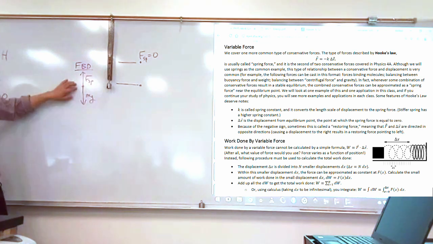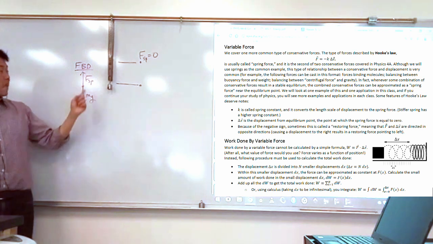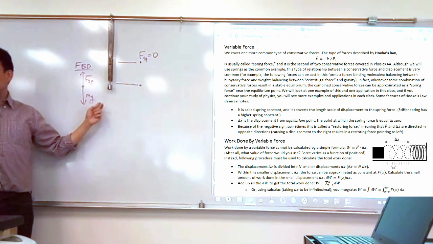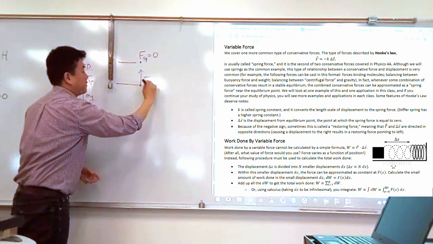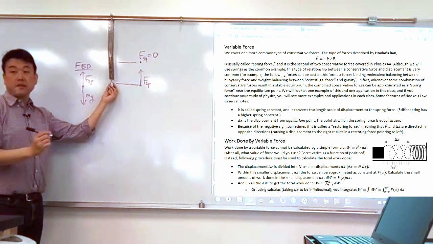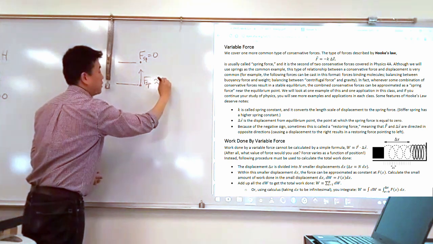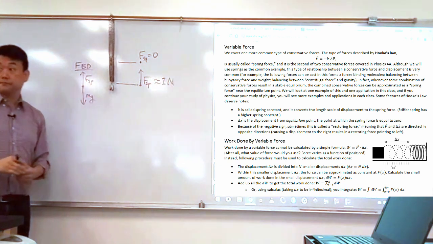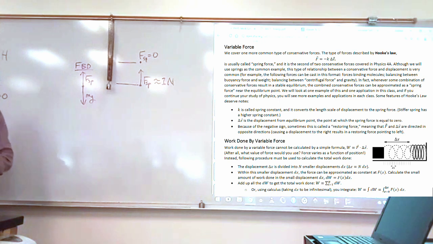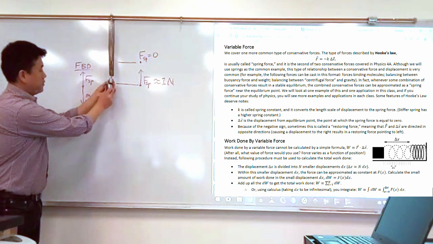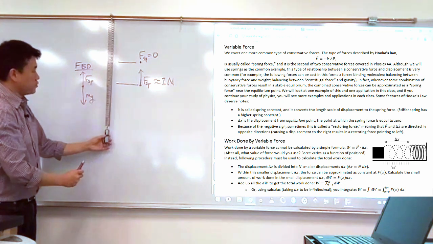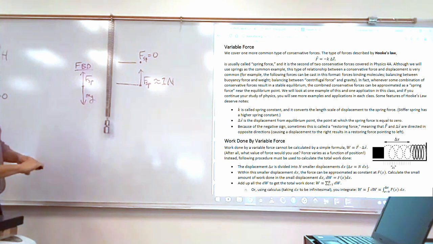In fact, based on this diagram, I can say they must be equal in magnitude. So the spring force is upward, and if this is 100 grams, then spring force is approximately 1 newton. Good. Let me hang another 200 grams so that now this spring is stretched down to about here.